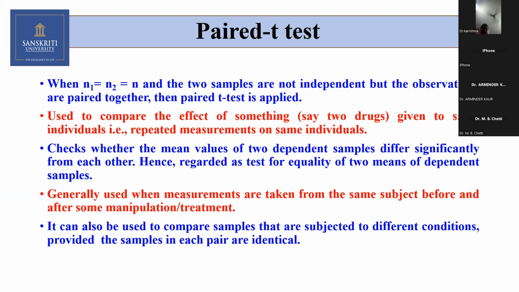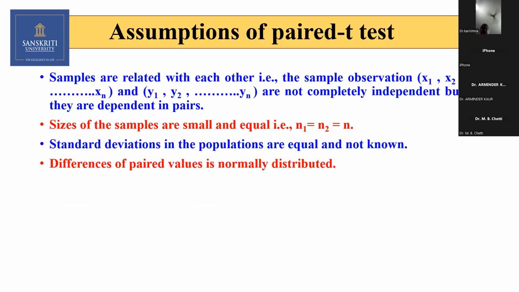That is where we have to use the paired t-test. It is generally used when measurements are taken from the same subject before and after manipulation or treatment. It can also be used to compare samples that are subjected to different conditions, provided the samples in each are identical.